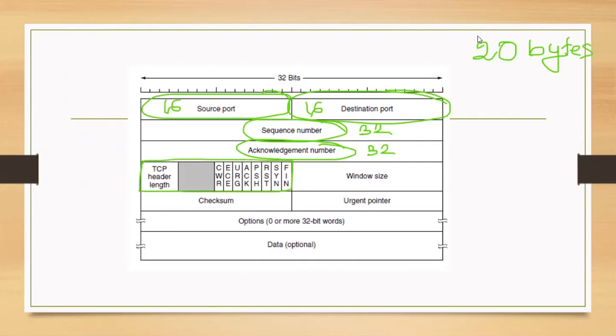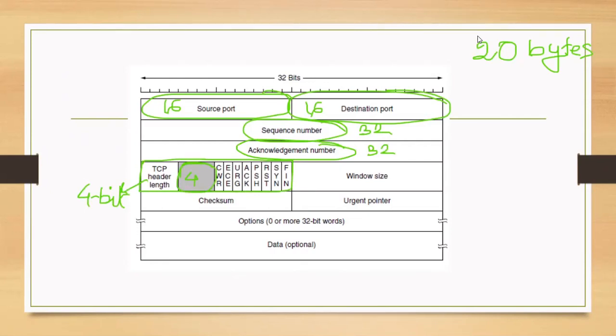Now what are these options? The first thing here is a 4-bit TCP header length. Why the header length is coming, I'll explain in a while. Then there are 4 bits which are unused, meaning they have not been given any function yet.